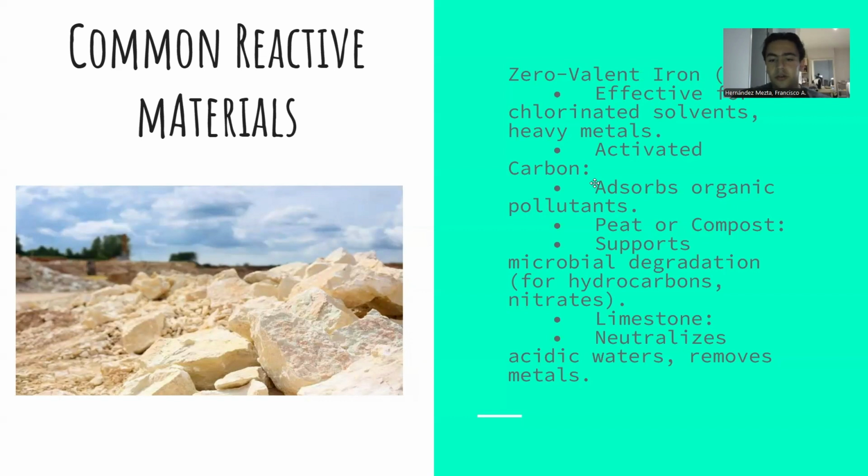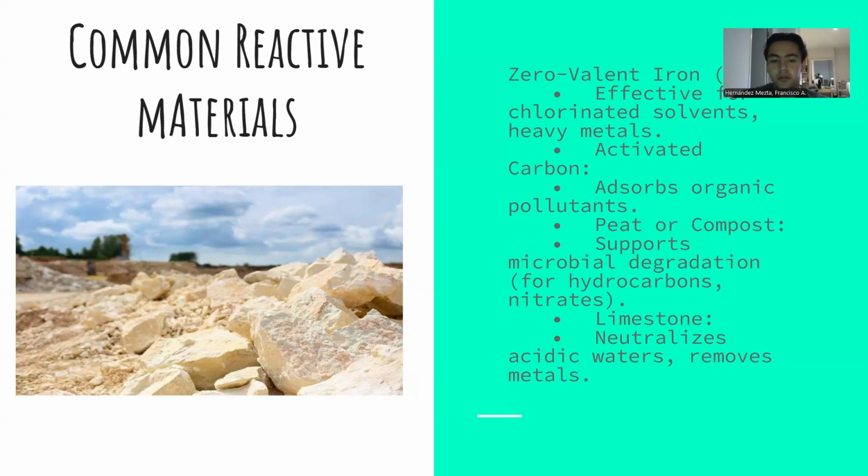Now regarding the reactive materials, different contaminants require different strategies. The most common one is zero-valent iron, which works well on chlorinated solvents and heavy metals. Activated carbon is used for organic pollutants because it's excellent at adsorption.